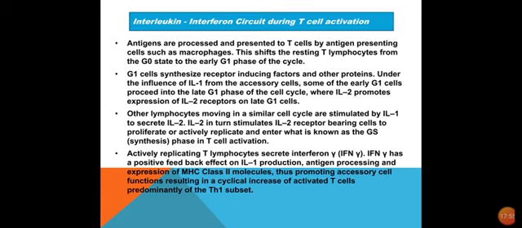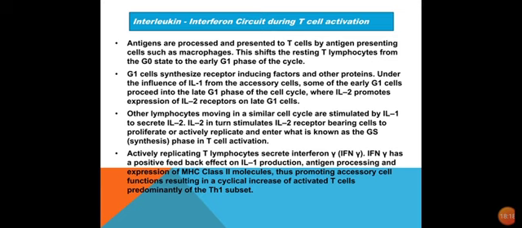Interleukin interferon circuit during T cell activation. Antigens are processed and presented to T cells by antigen-presenting cells such as macrophages. This shifts the resting T lymphocytes from the G0 state to the early G1 phase of the cycle. G1 cells synthesize receptor-inducing factors and other proteins.